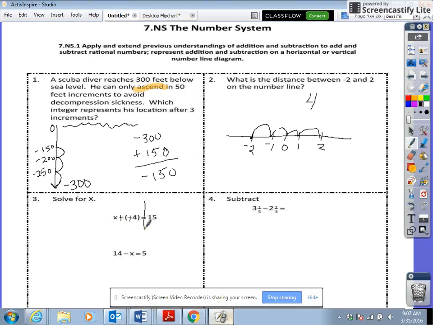Then we use our rules to solve for x, where we subtract 4, and then we get x equals 11. If we plug it back in, you have 11 minus negative 4 equals 15. Well, again, you can say plus, and 11 plus 4 is 15, so we know we're right.